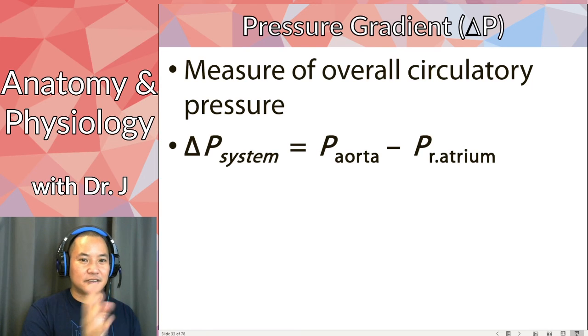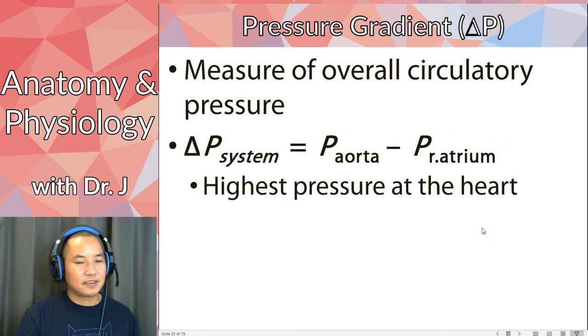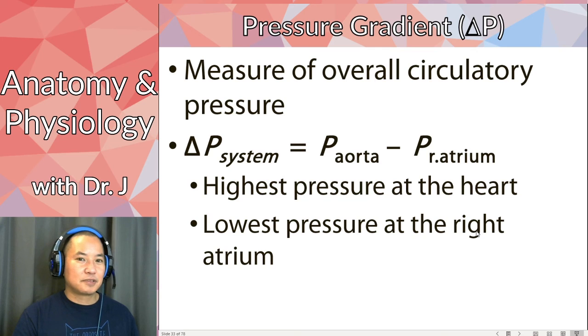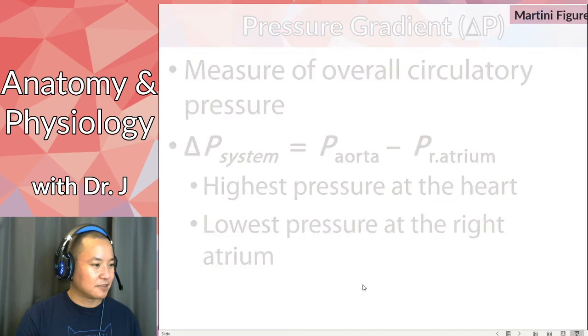Blood travels through your aorta, through your arteries, then to your arterioles, to your capillaries, to your venules, to your veins, then to your vena cavae, which lead to your right atrium, right? So this is where it starts to leave the heart, and this is where it returns to the heart. So we have your highest pressure at the aorta, lowest pressure at the right atrium. The overall pressure gradient of your systemic circulation is the pressure between the aorta and right atrium.